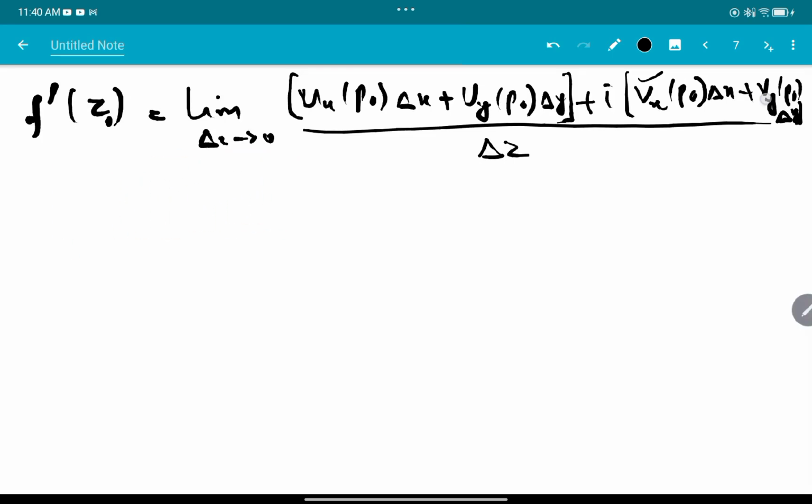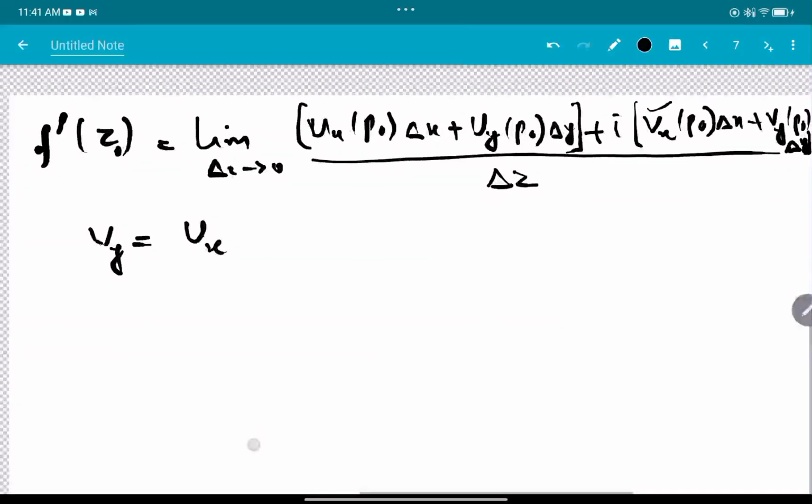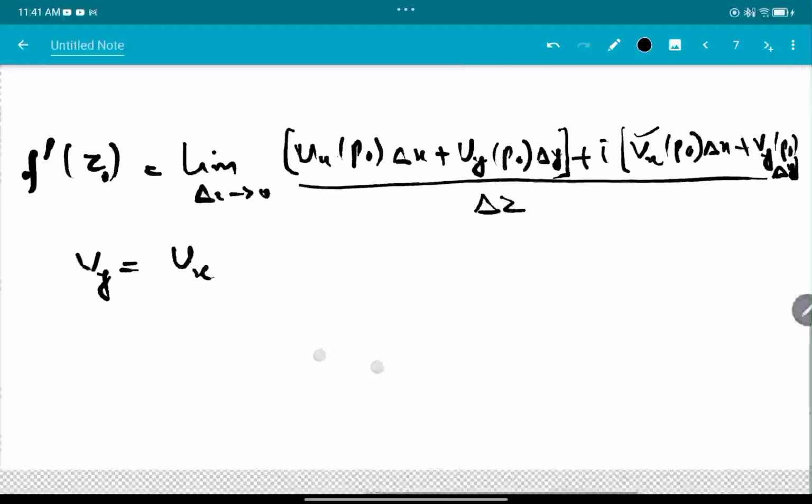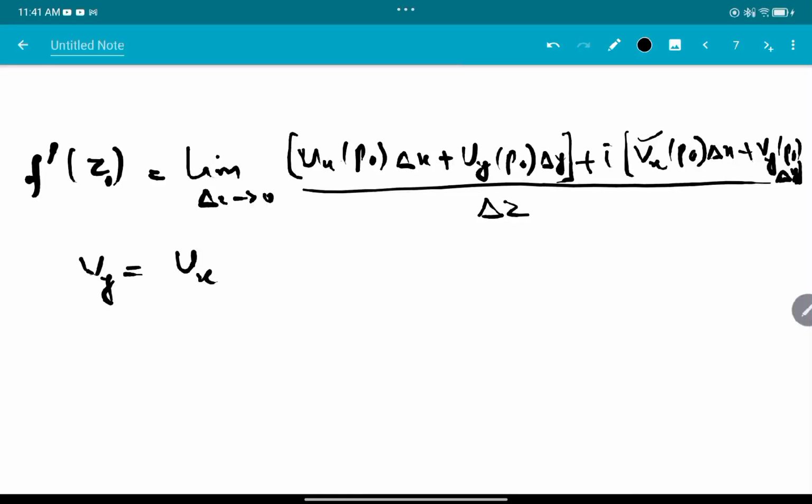I will combine this with this, you will see why. vy is equal to ux, this Cauchy-Riemann equation. If I substitute it there, vy is equal to ux, and similarly I will use here vx is equal to minus uy.